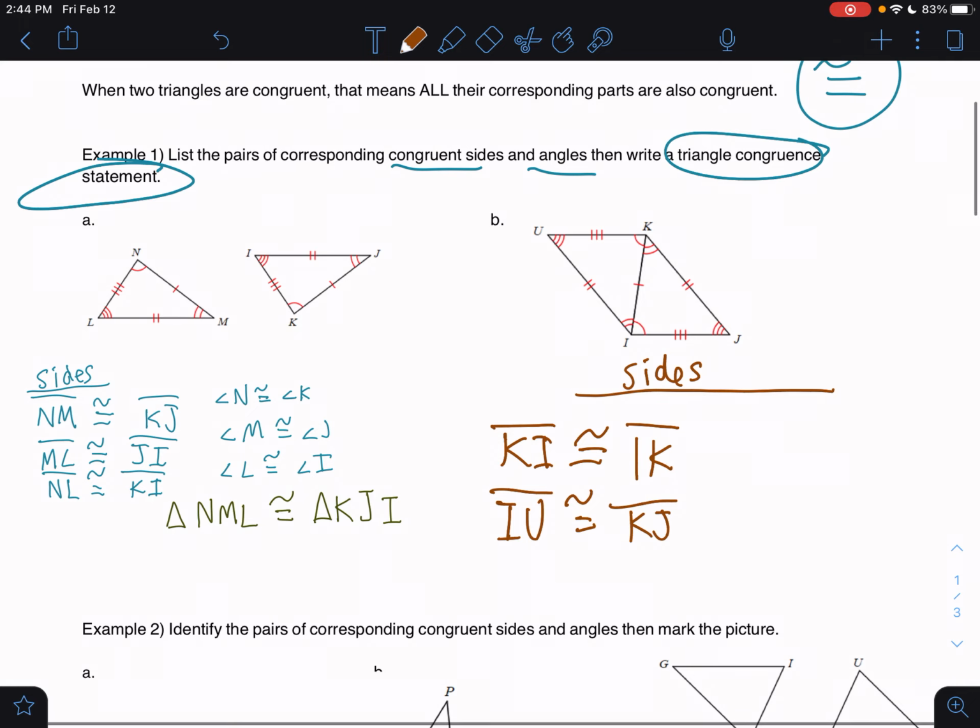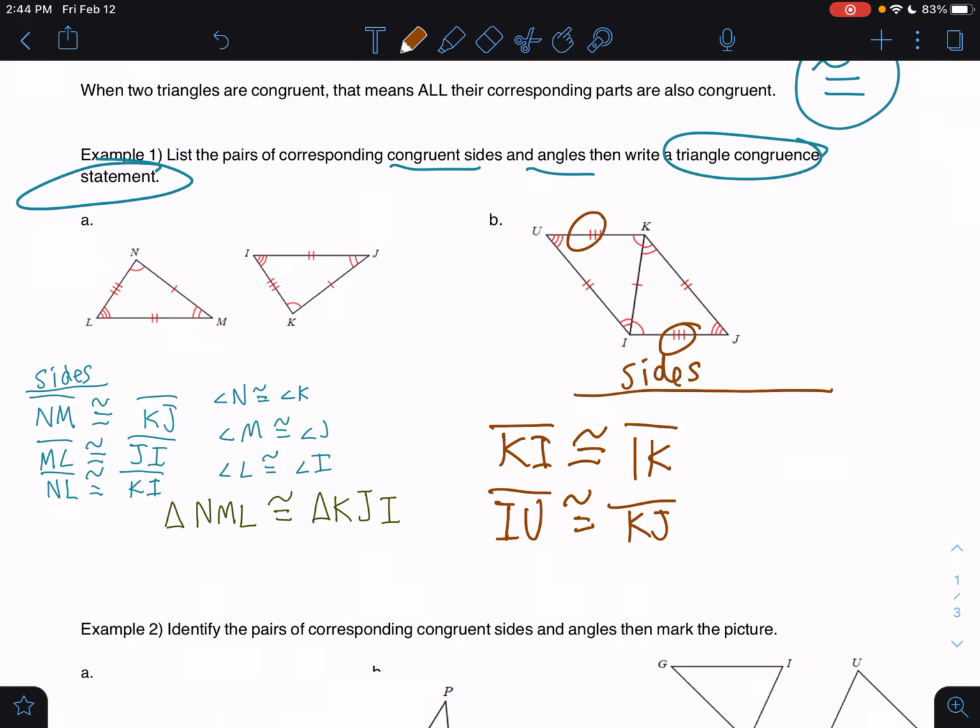And then we have our 3rd tick marks here, so I'm going to start on the left side again. I'm going to go from 3 to 1. So I'm going to go UK is congruent to JI. So those are my sides.